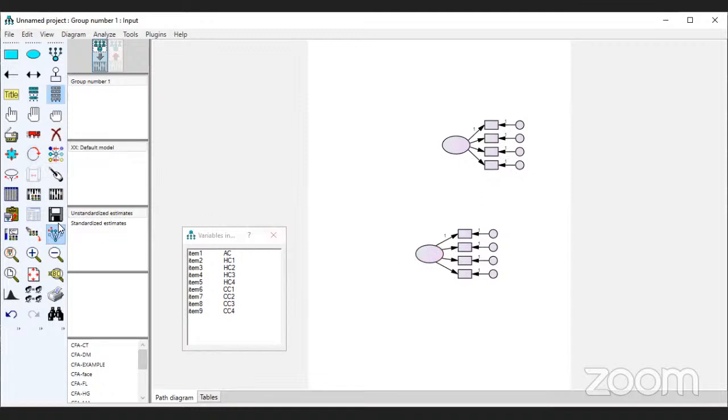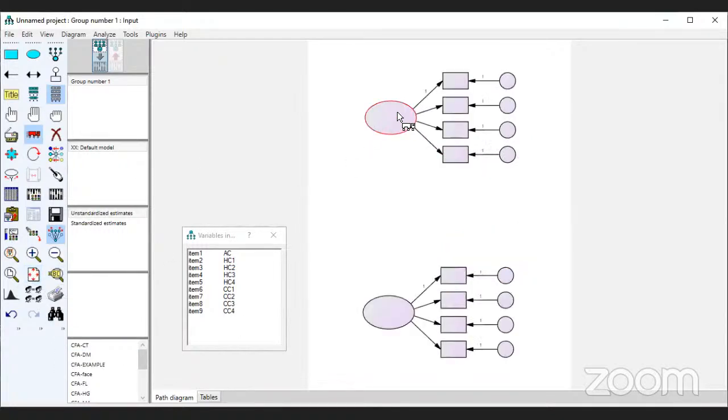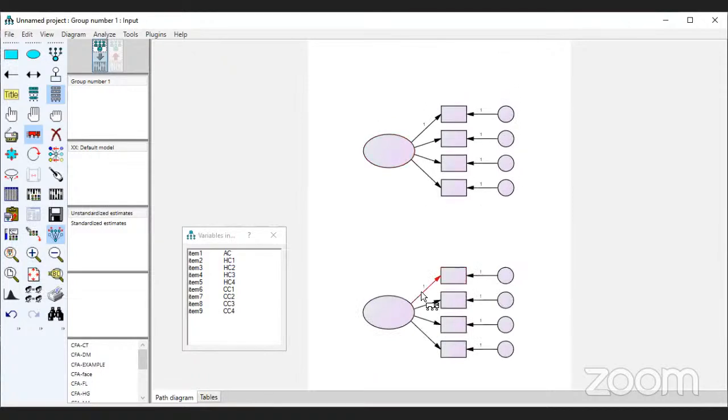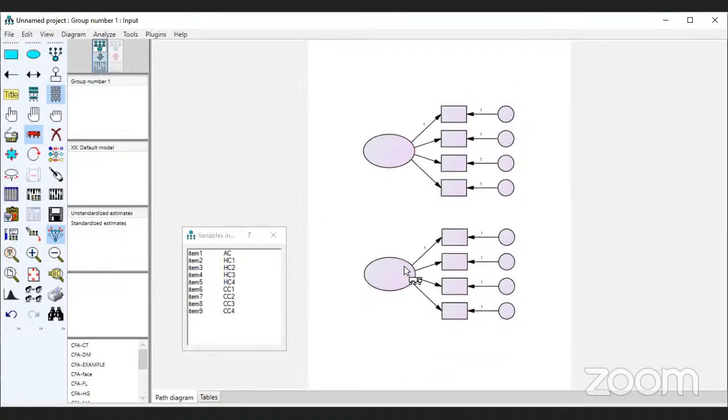So how do we move? You can move using this. We want to expand this. It's too tiny. How do we do that? You can just come here, increase. Move them together. We want to show the relationship among these two factors that determine academic performance in school.